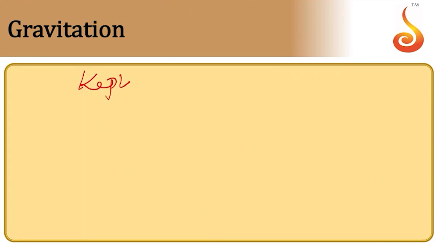Kepler's laws deal with the motion of the planets around the sun. There are three laws.